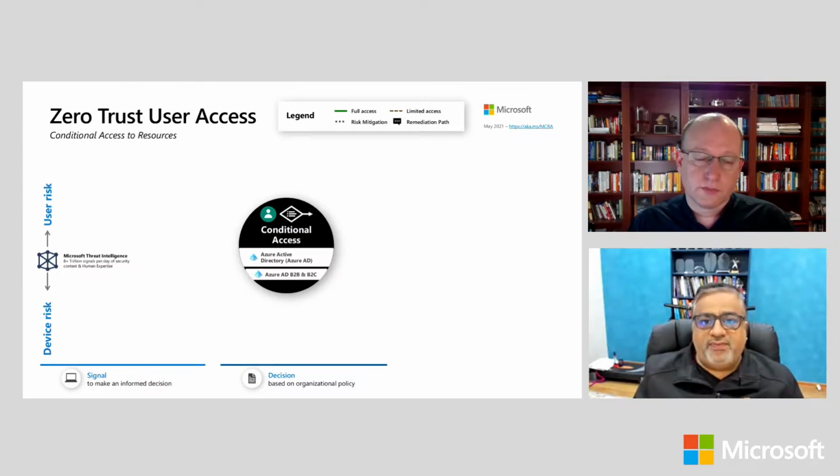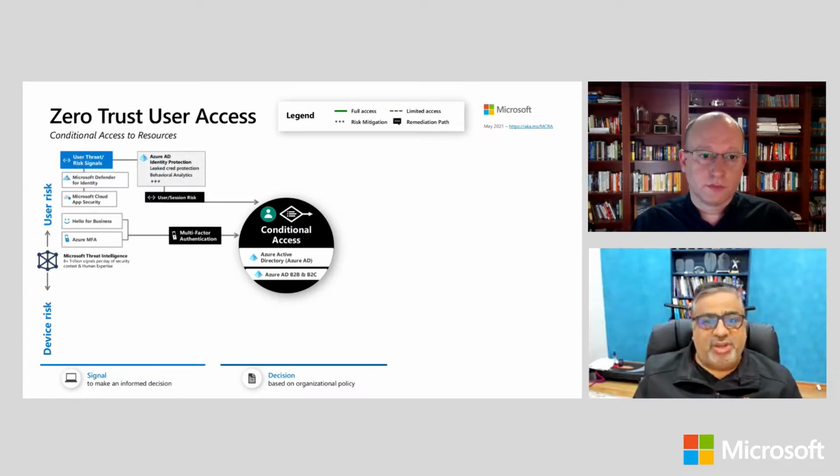We want to know if the user who is working remotely or on-site, we explicitly verify every possible risk signal from the identity point of view. One could be multi-factor authentication, or his location, or his group. Which user group does he or she belong to? Which application does he or she have access to?